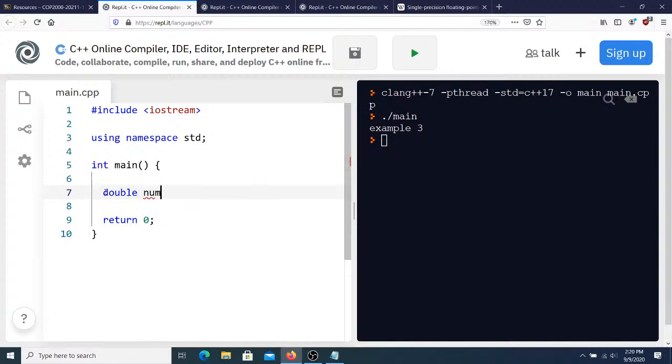So we'll be very generic. We just had double some number. And we're going to say that number is 5 divided by 9.